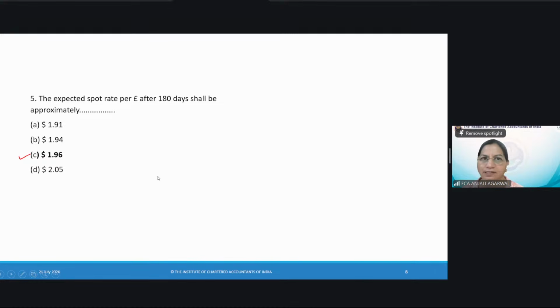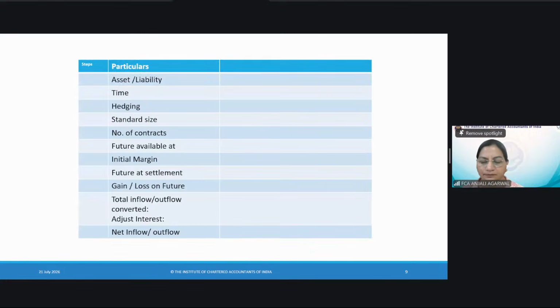We'll quickly discuss futures now. If the same question was on futures, we will first look at whether it is an asset or a liability, so whether you have receivables or payables. If you have receivables, it is an asset, but if it is payables, it is a liability.